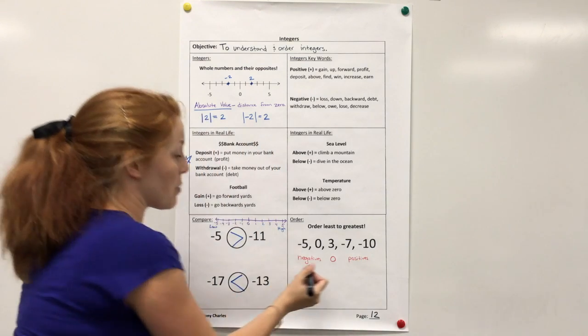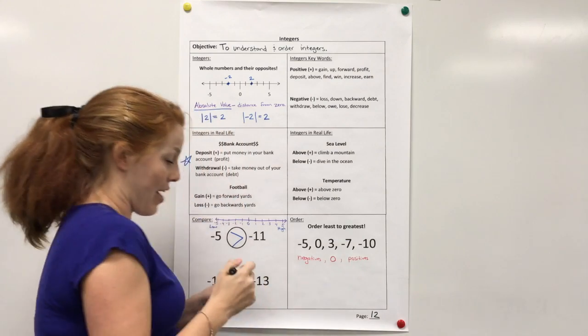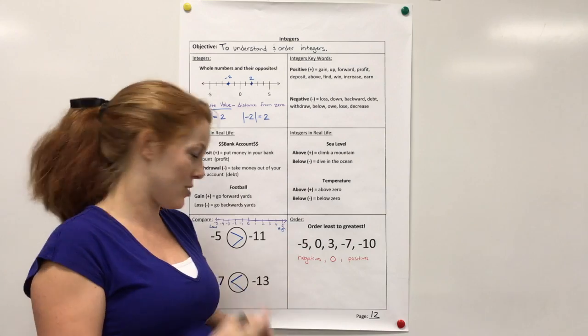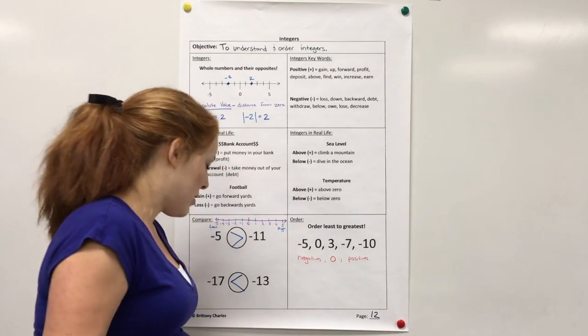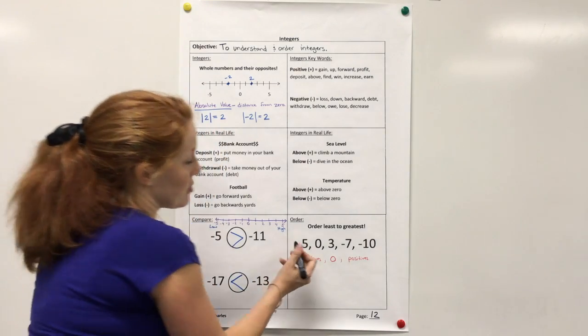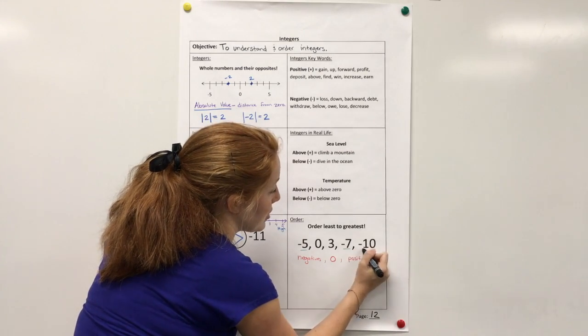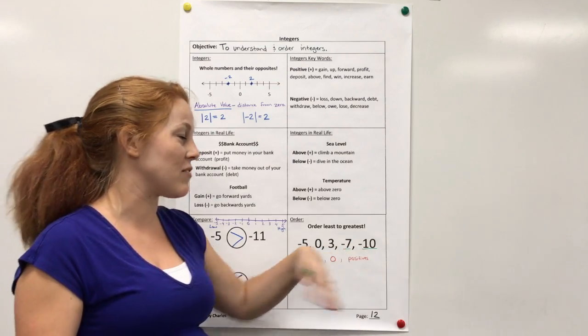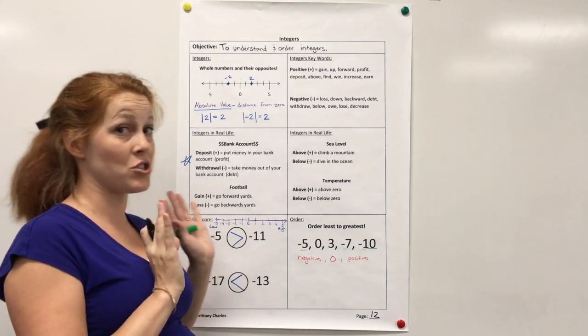And then the tricky part is just to remember that when you are listing your negatives, you actually have to think backwards. Okay? So here's a negative, here's a negative, here's a negative. All right. Again, if I'm looking at these three negatives, which one is farthest away from 0?